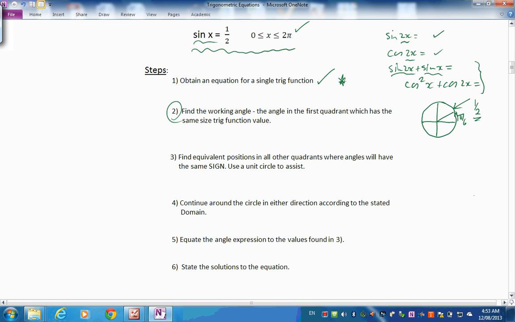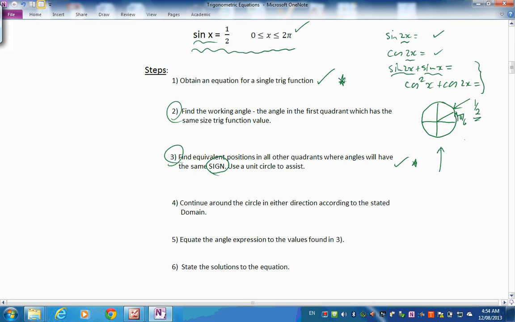Why do we start there? Well, we know that we can generate equivalent positions in any other quadrant with the same size sine. Okay, and then let's read this one now. Find equivalent positions in all other quadrants where angles will have the same sign of that sine or cosine or tan. We want a positive. Use a unit circle to assist. Well, let's go back up here.